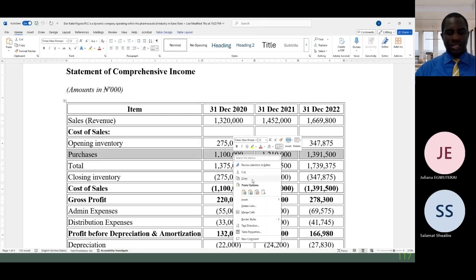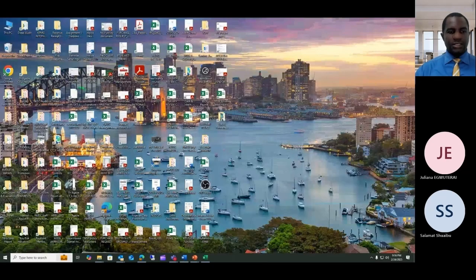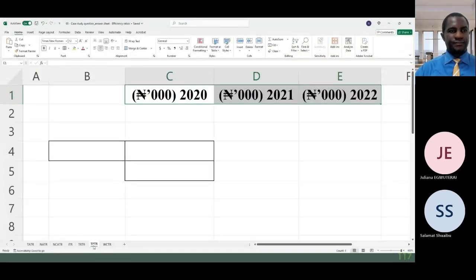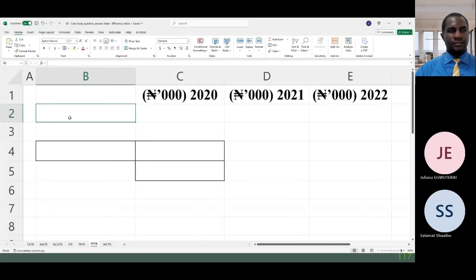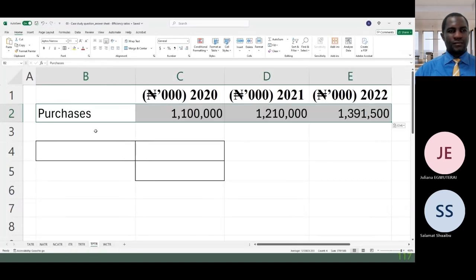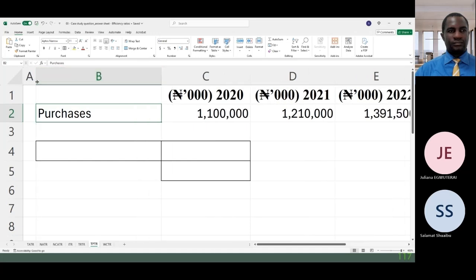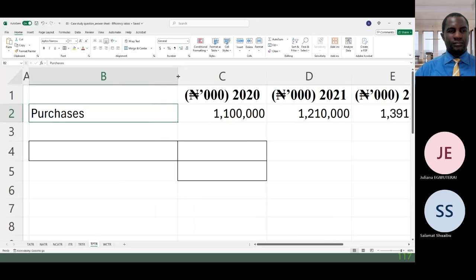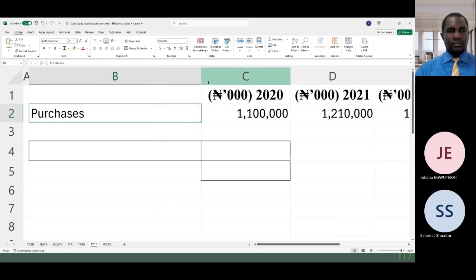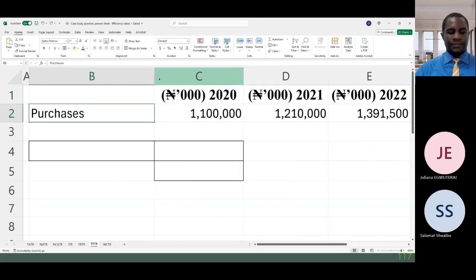So let me pick our purchases, then I'll stratify the credit in it. Okay, so I have purchases.